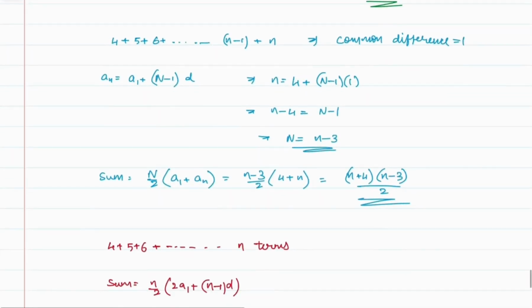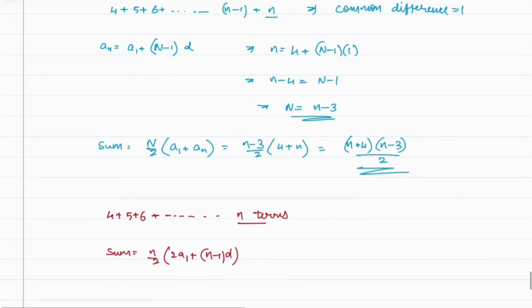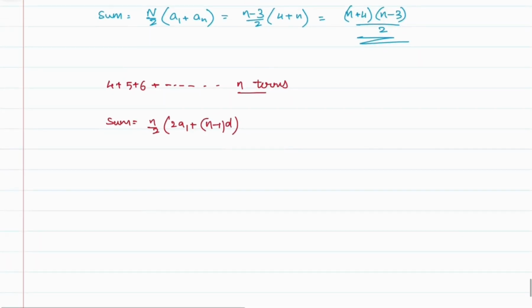So here you need to note that in the previous case this n is the nth term, but in this case this is n terms. So this is the number of terms, and there n was the nth term, and here n will be the number of terms.